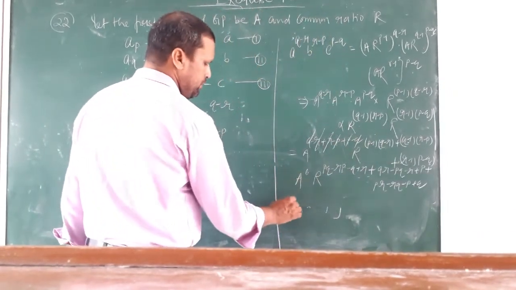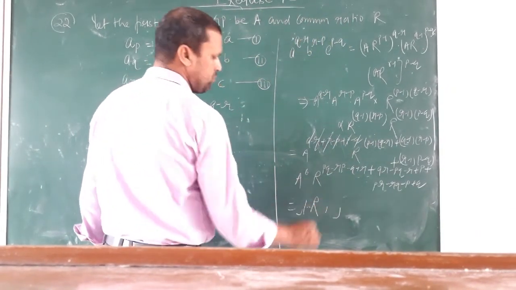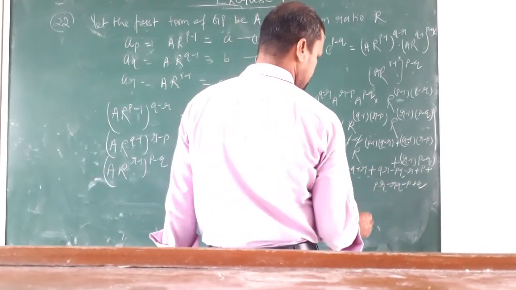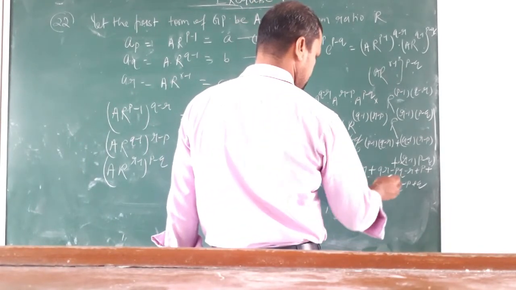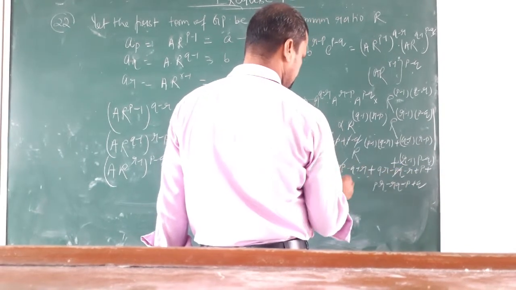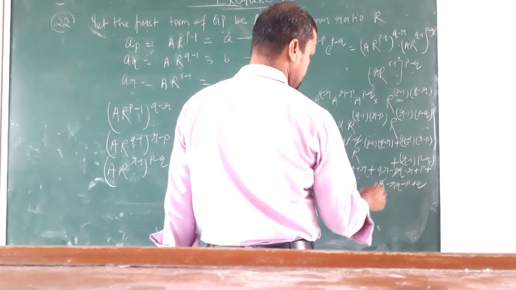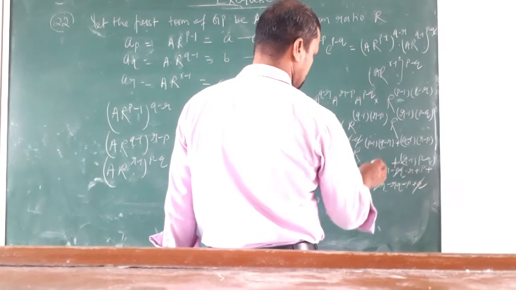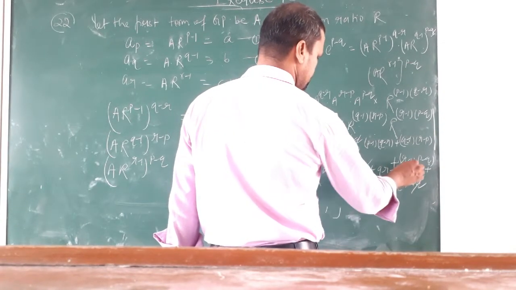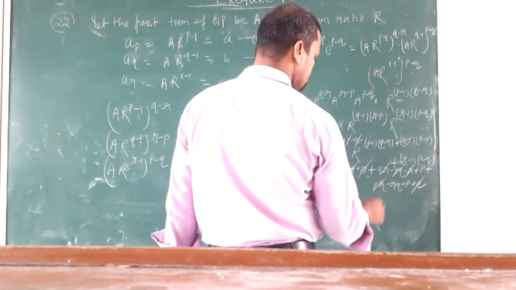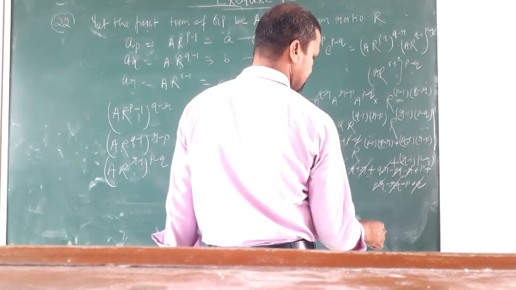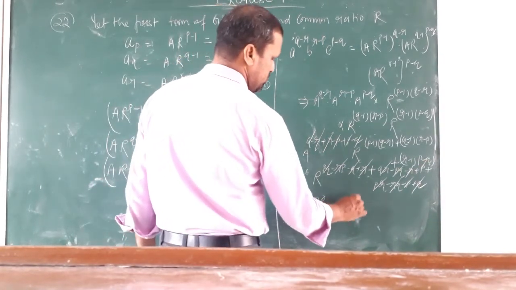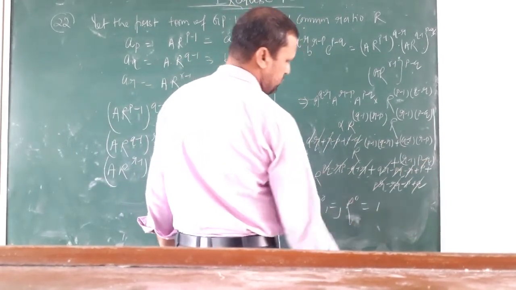So A to the power 0 means 1, into r to the power: pq cancels out, rp cancels, q cancels, r cancels, qr cancels, p cancels. This equals 0, so r to the power 0 equals 1.